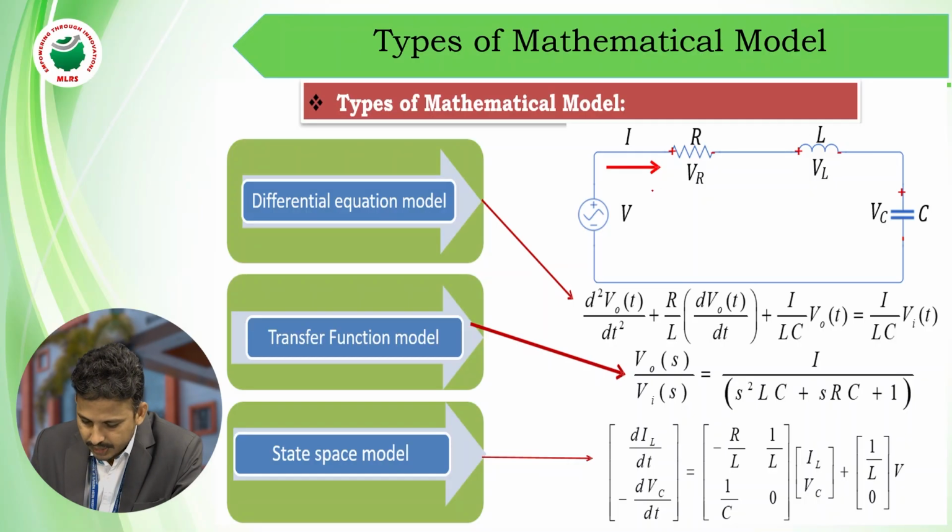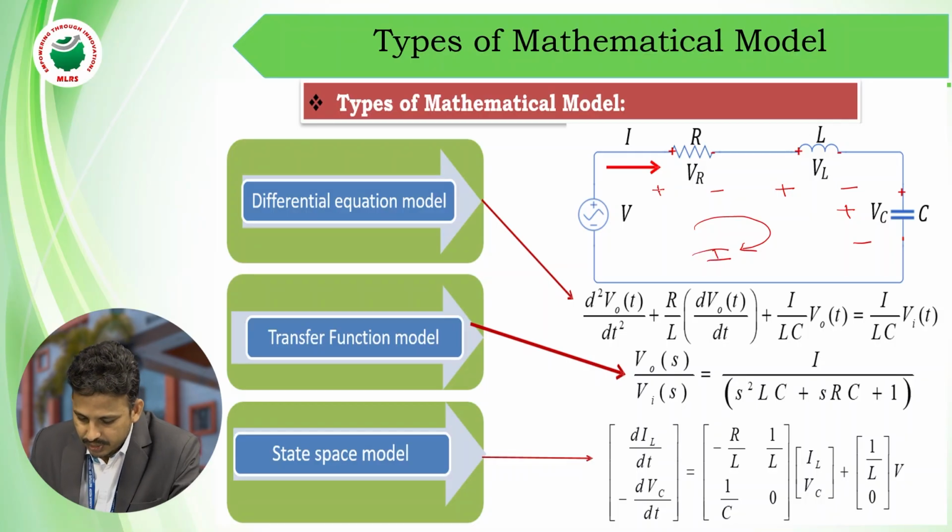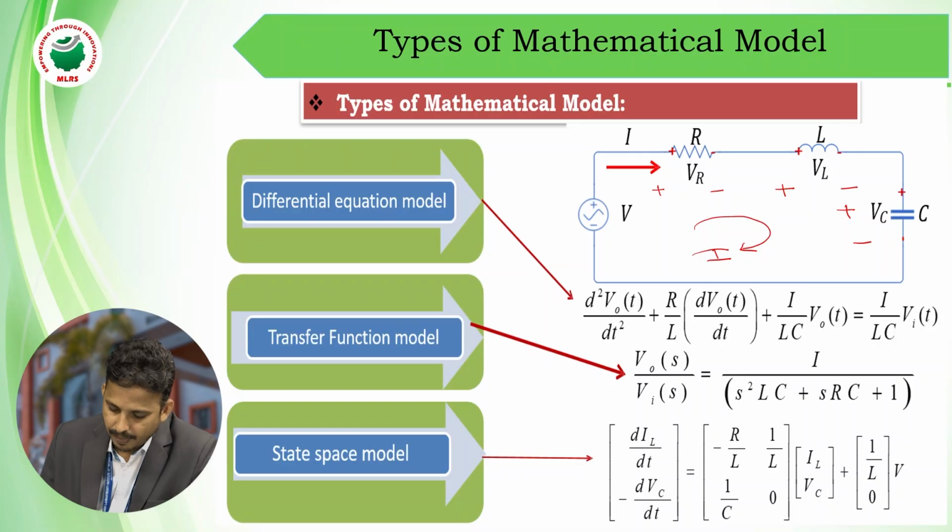So this is plus and this is minus, this is plus and this is minus, this is plus and this is minus as per the current direction I. When current enters at the positive terminal and leaves at the minus terminal, now I want to write a KVL for this circuit.